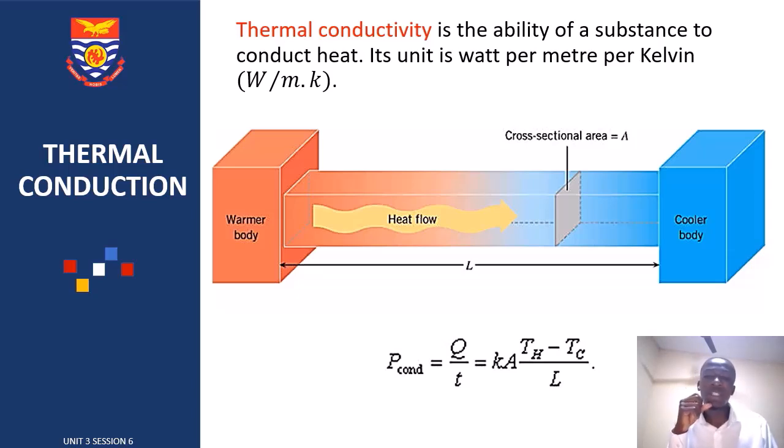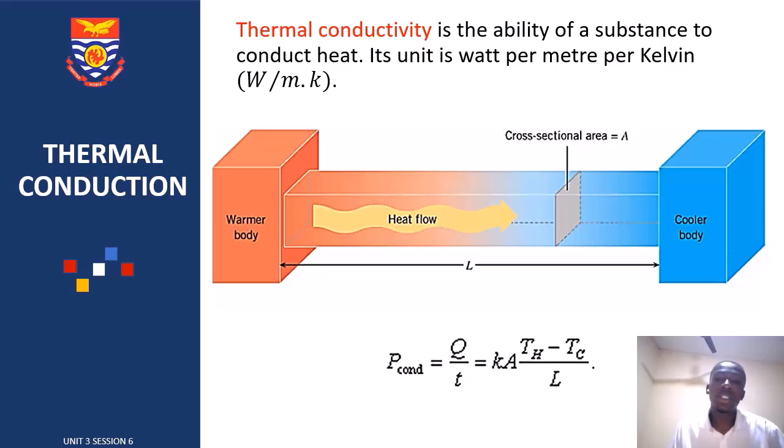This increases the vibrational amplitude, and the energy is passed along the spoon from one atom to another through collision between adjacent atoms. So with time, the handle of the spoon becomes very hot.